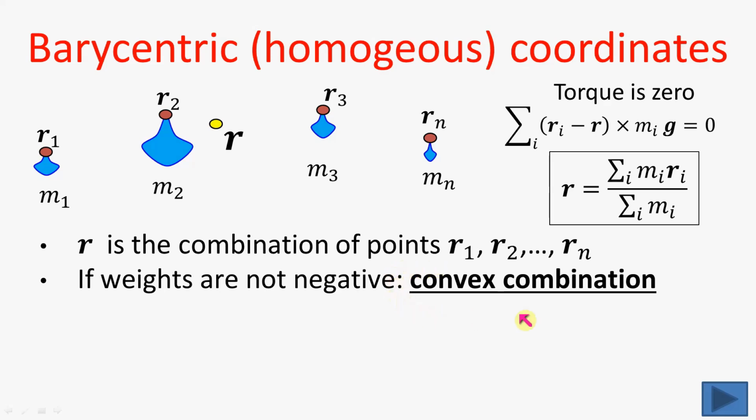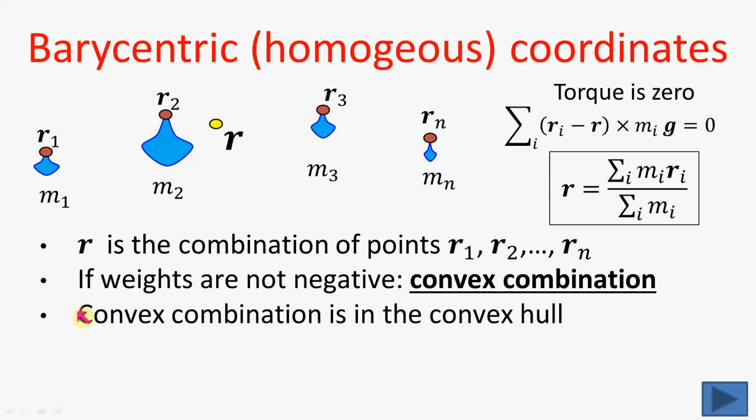The physically plausible case is when all weights are non-negative, and we know from practice that in this case the center of mass cannot be far from the object. In some sense, it should be inside of the object. More precisely, it is in the convex hull of the given points.